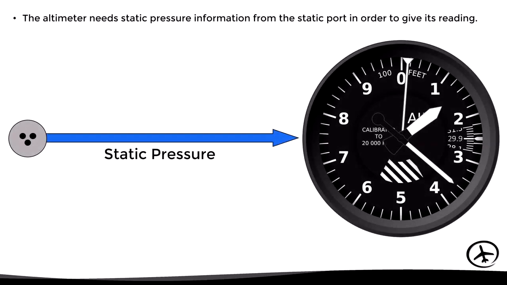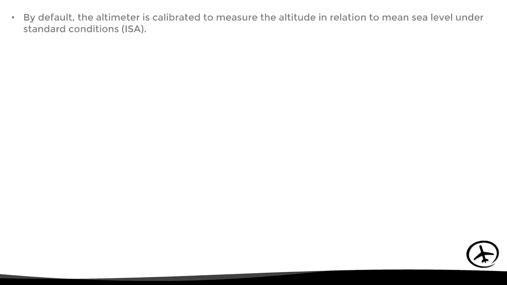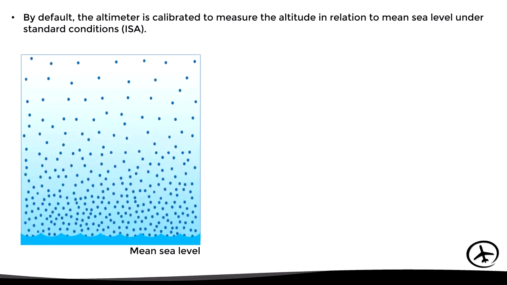That's the reason why the altimeter needs to be connected to the static port, since it needs to detect changes in atmospheric pressure to give the altitude reading. Now, by default, the altimeter is calibrated to measure the altitude in relation to the mean sea level under standard conditions. As we mentioned in the video about standard conditions ISA, the standard pressure at sea level is 29.92 inches of mercury, or 1013 hectopascals.